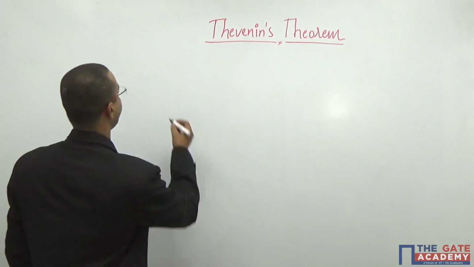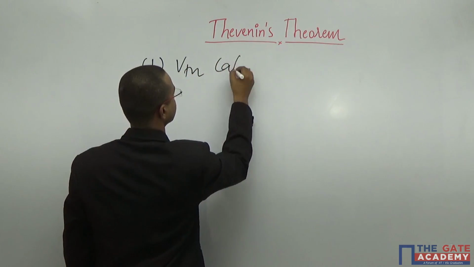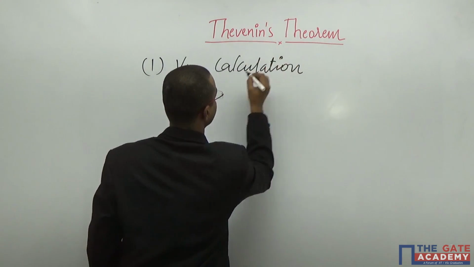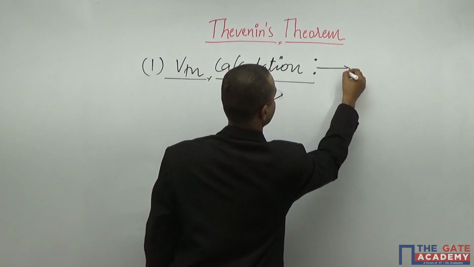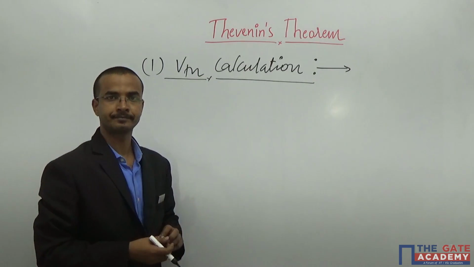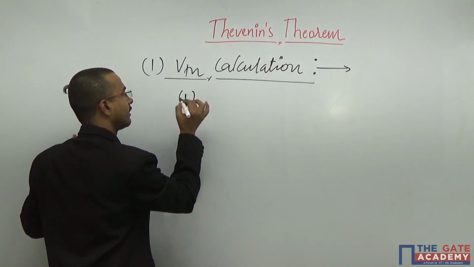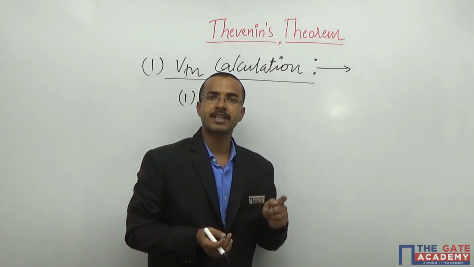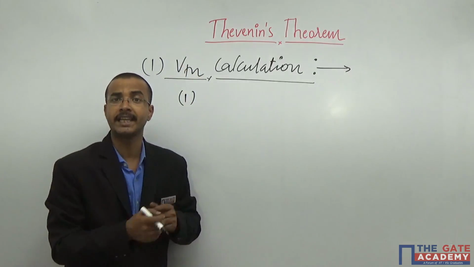My first thing is the VTH calculation. That means how will I proceed here? If I am provided any bigger circuit, firstly you will identify the load across which you want to calculate the voltage or current or anything.